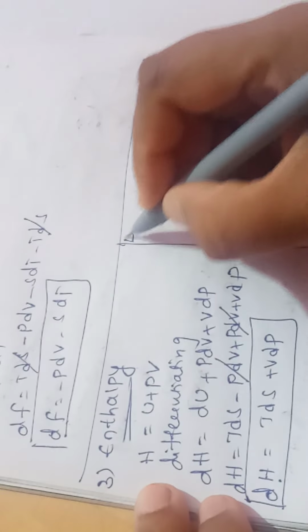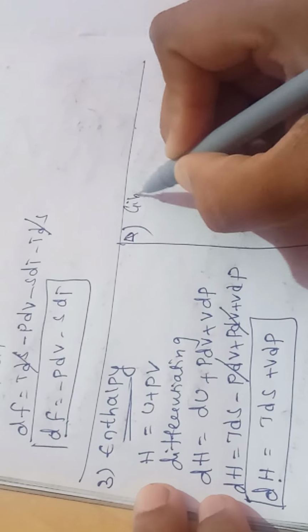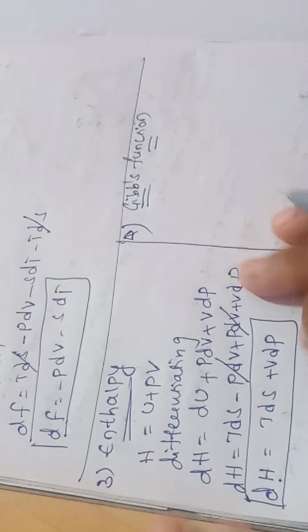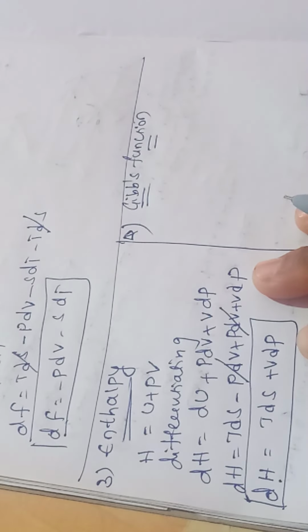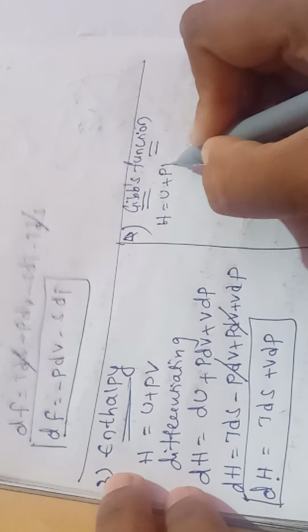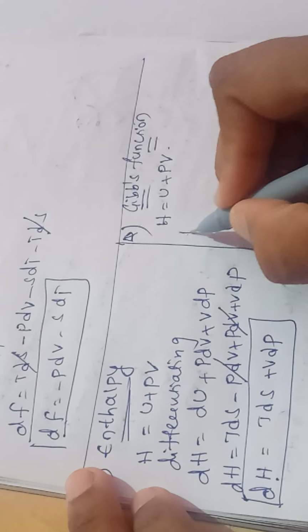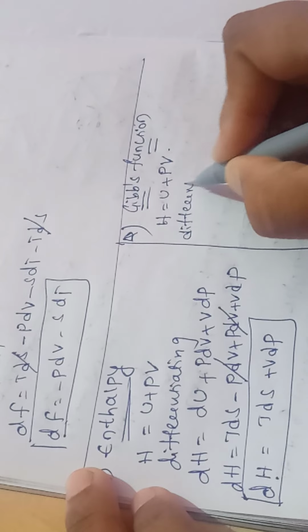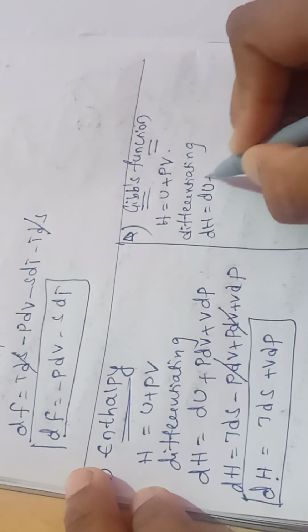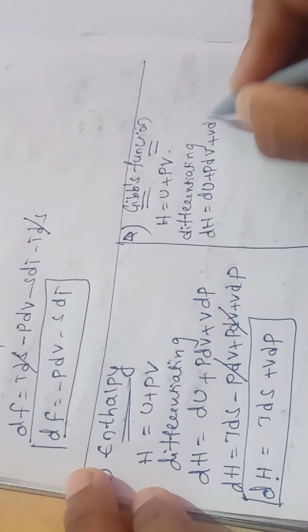Okay, now next let us go for the fourth thermodynamic potential, the Gibbs function. Now from the definition of enthalpy, H equal to U plus PV, we got, differentiating this, dH is equal to dU plus PdV plus VdP, right?